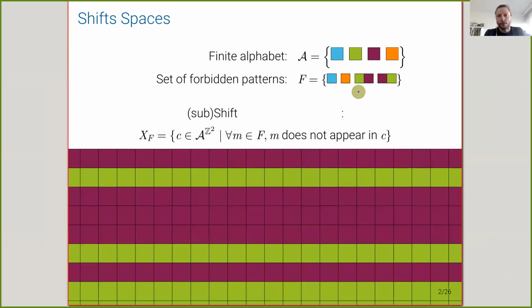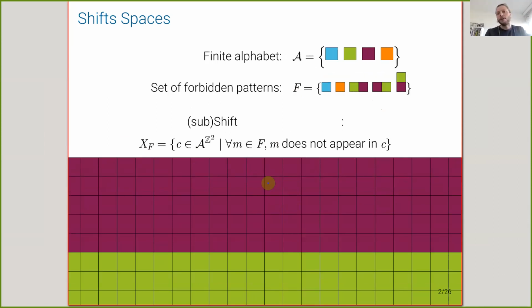And here, if I forbid this set of patterns, the only configurations in the subshift will be constituted of lines of purple and lines of green. And if I forbid purple to be to the bottom of green, then the only configurations will be of this type, with a line separating purple and green.